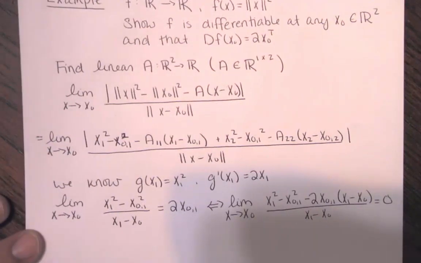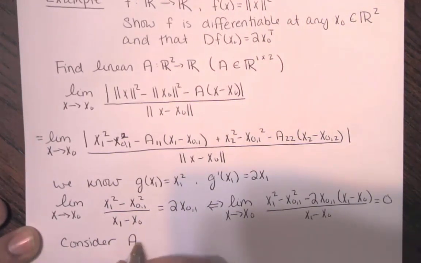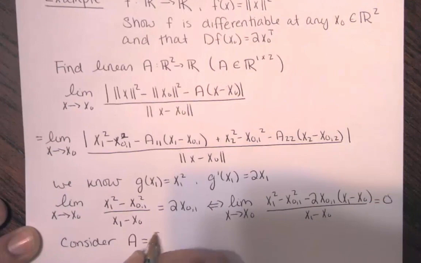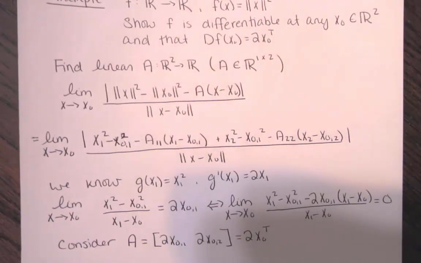Okay, so now let's consider, based on this suggestion, the idea that A is equal to 2x naught 1, 2x naught 2, which is equal to 2x naught transpose.